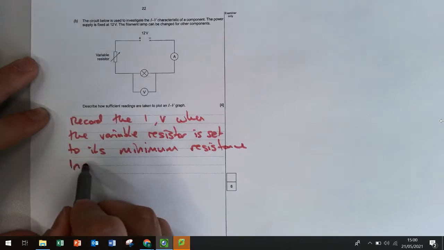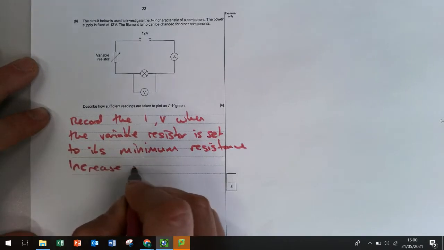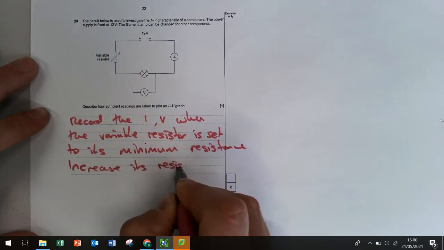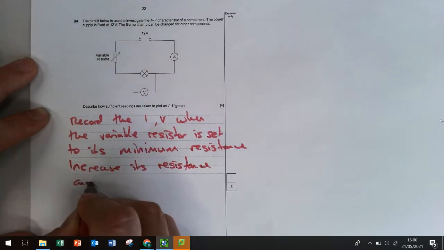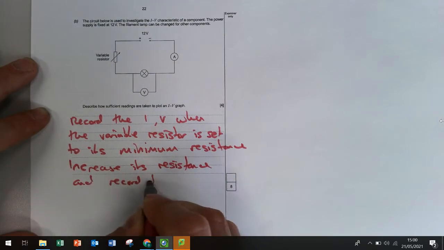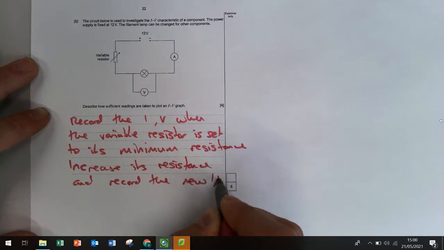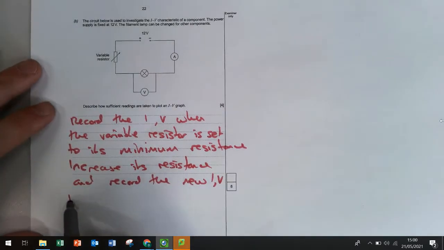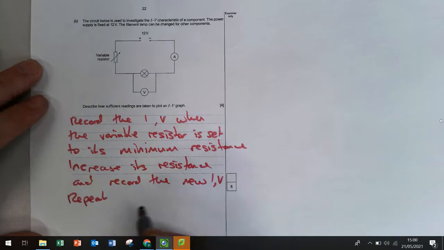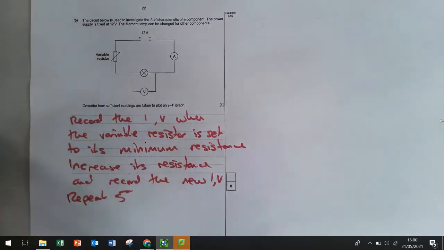We would say increase its resistance and record the new current and potential difference. We could say repeat, 5 times, 10 times, however many times you think is appropriate, but that's not the full answer.